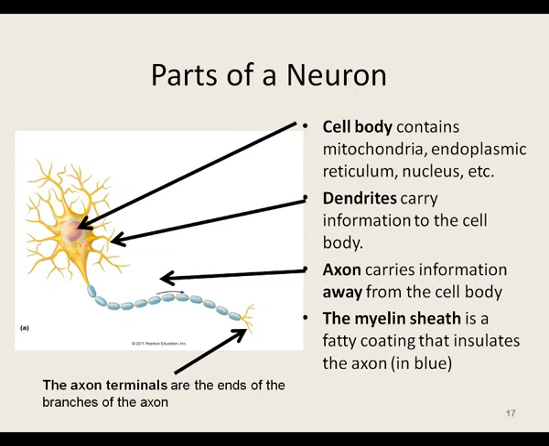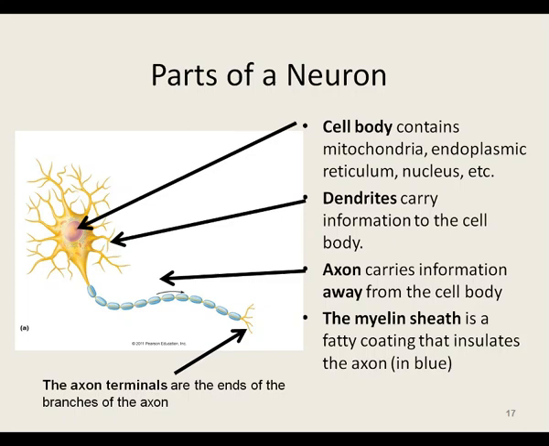These are branches that come right off the cell body, and they're relatively short. The axon carries information away from the cell body, and that's that very, very long extension of the cell body. It's called the axon, and it carries information away from the cell body.